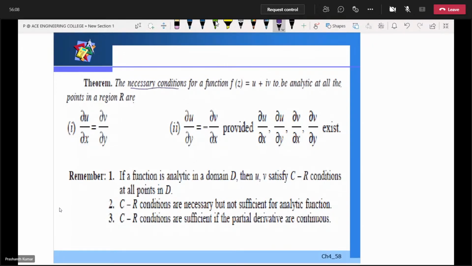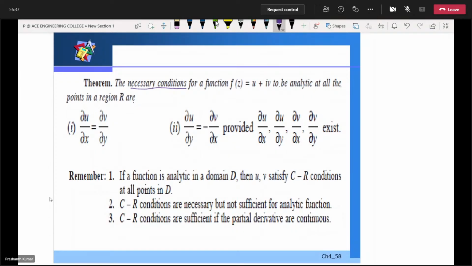The necessary condition for the function to be analytic means that the Cauchy-Riemann equations exist. If the Cauchy-Riemann equations exist, then definitely this is the necessary condition that the function is analytic at that point, in the entire region. Okay, provided the condition is that, just now I told you the definition of the Cauchy-Riemann equations.